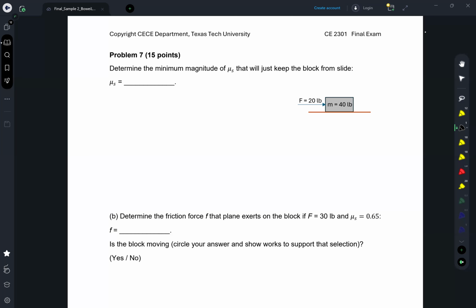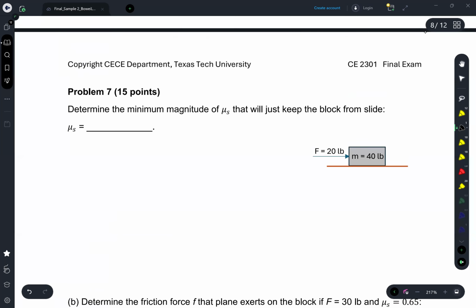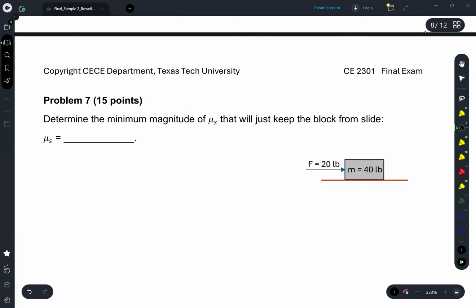Okay, so now let's start from the first part. It asks us to determine the minimum constant of static friction, mu s here, that will just keep the block from sliding. So how can we approach that?